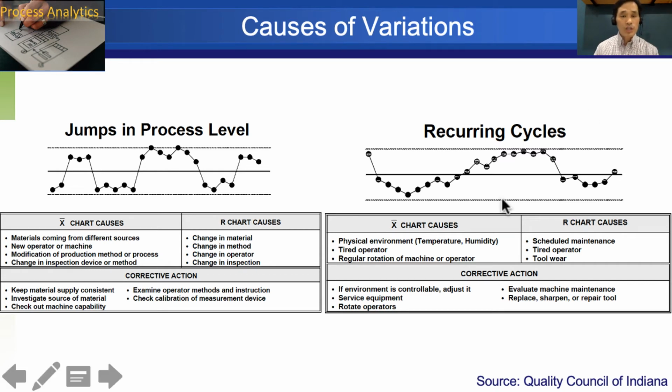Second situation is recurring cycles. Just like a business cycle, we see clearly a cycle here, and it's unnatural in process analytics. And why is this happening? We want to observe and do research about that. If this is happening in an X bar chart, it's because the physical environment is changing. For example, temperature: in the morning it gets cool, then it gets hot, and then it cools down again in the evening, right?